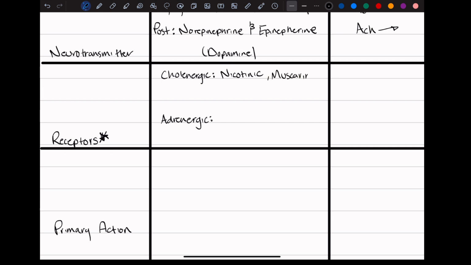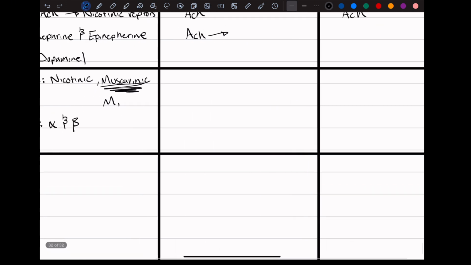You really only see this in the parasympathetic, but we do use M1, muscarinic 1, for our sweat glands, but that's about it. And then our adrenergic will have alpha and beta. So here we just have cholinergic, and those are muscarinic.